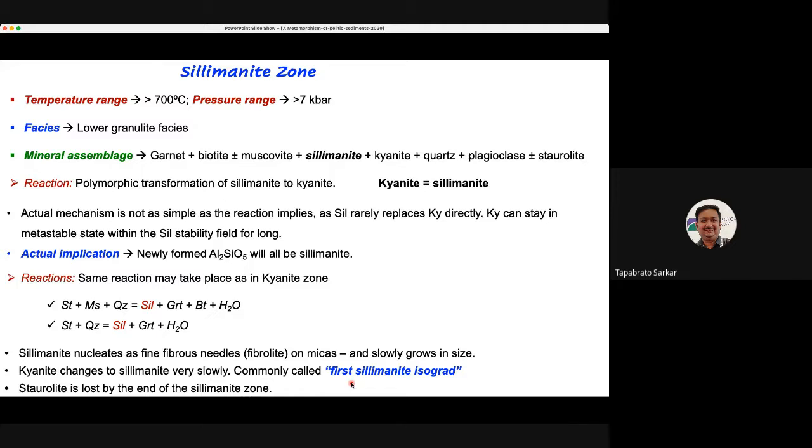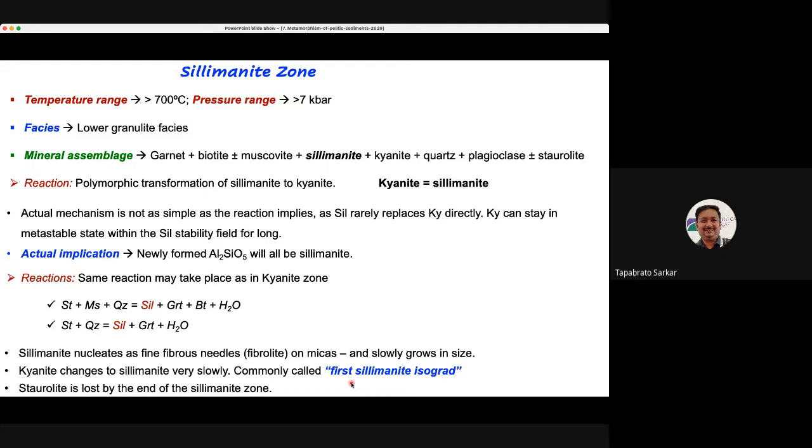But this is the first time that sillimanite appears in the rock, and therefore it is what we call the first sillimanite isograde. We don't call this for any other mineral because sillimanite is the only mineral which appears in two different types of reactions in the rock.